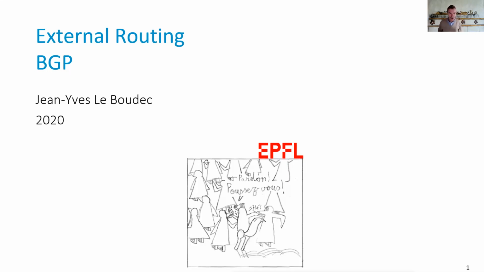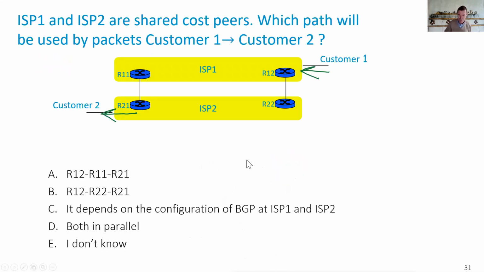Right now, we continue with BGP, and we have seen two examples of how BGP routers are able to disseminate the information. Let me jump into a question. Here, we have seen an example that was a bit like this one.